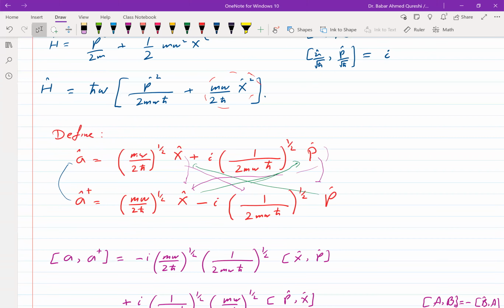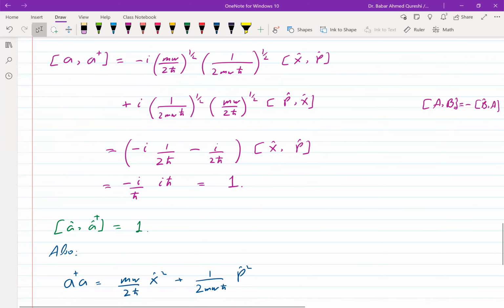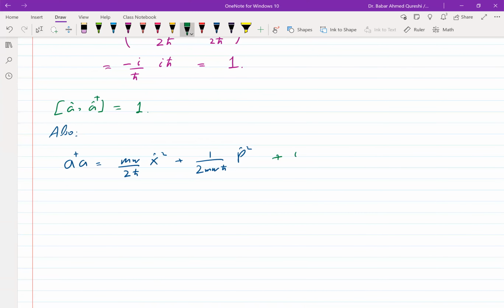Plus iota, m omegas cancel, plus iota over 2 h bar, and the x hat p hat commutator. So this guy is just the starting Hamiltonian. And to it, I add this, which is iota h bar. So iota gives me a minus, and h bars cancel, minus half.